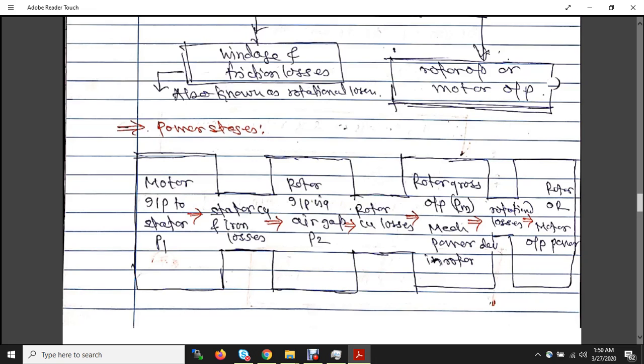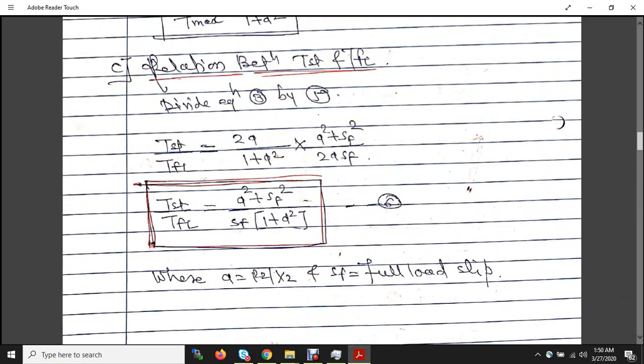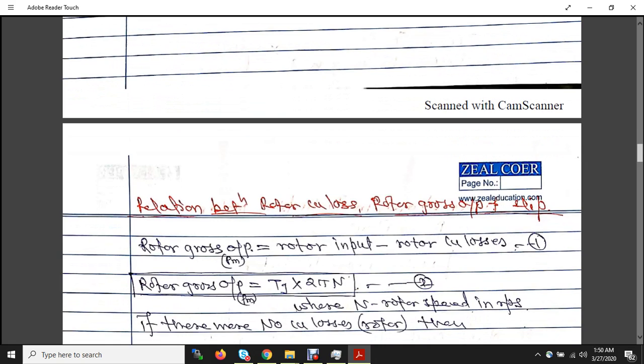And to this rotor input, if we add the stator losses, we will get the motor input. In this way, we can obtain the various power stages, and based on this, we can derive various relations, and we will solve some numericals based on these losses. Now let us develop the relationship between rotor copper loss, rotor input, rotor gross output and the slip.